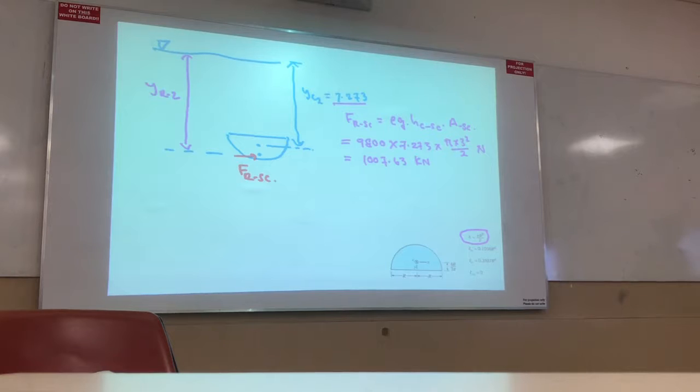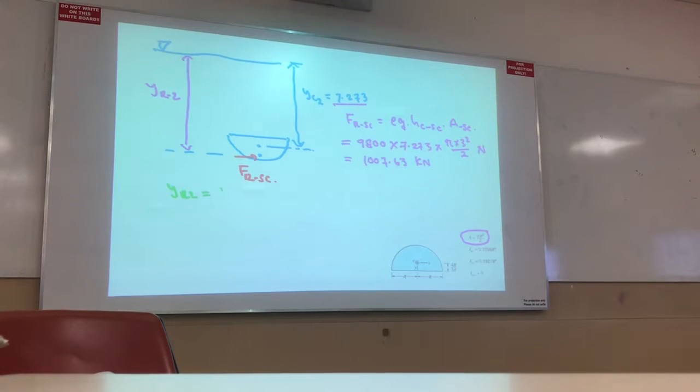Done, right? So what is YR2? Tell me. YR2 is equivalent to YC2 plus IXC of semicircle, divided by YC2 times area of semicircle. So what is the value of YC2? Tell me. 7.273 plus IXC, how much?